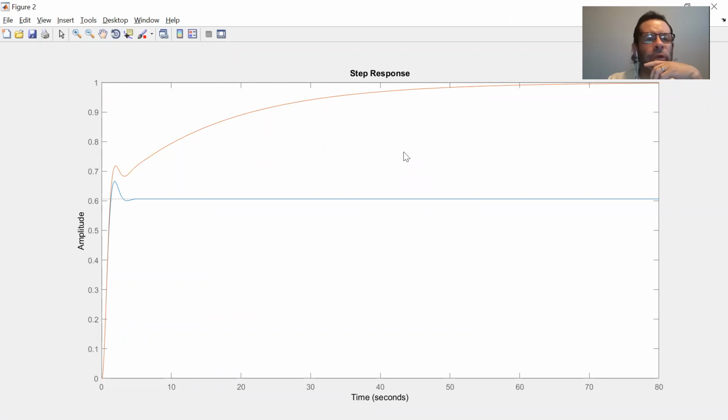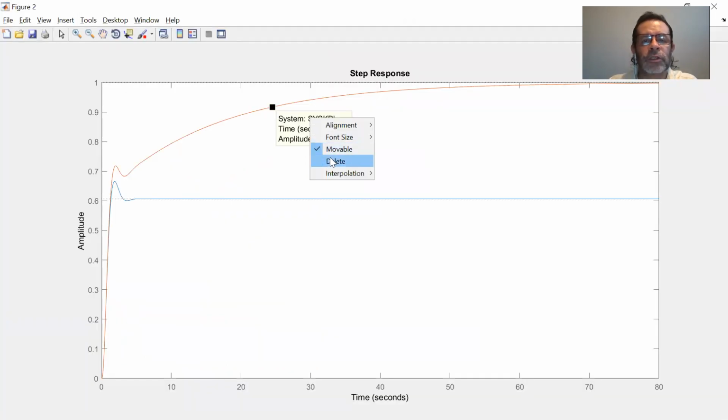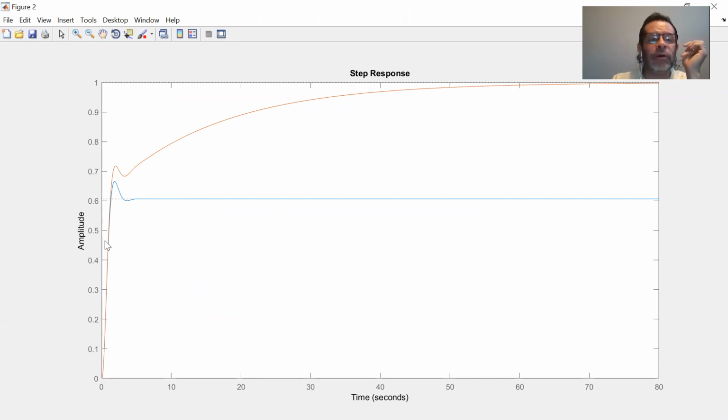So notice, let's see which one is which. I'm going to erase this one. So the blue one is the response of the system without the compensation. Notice that the system has a stable behavior.